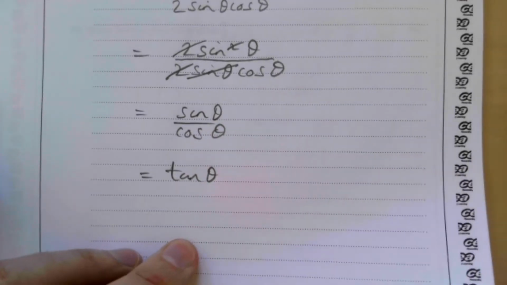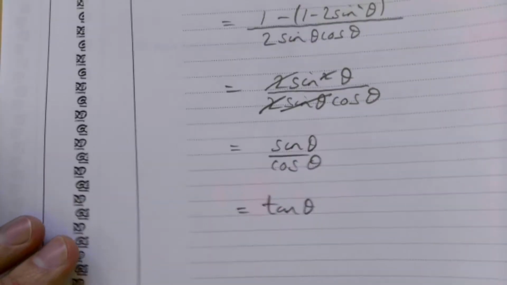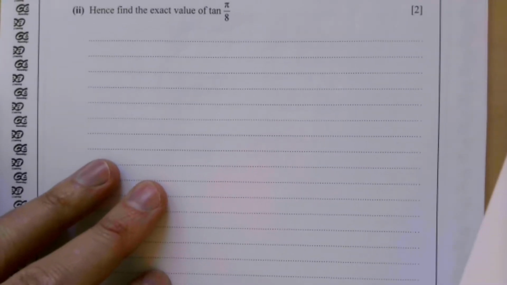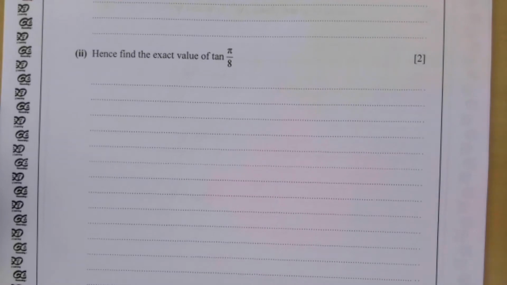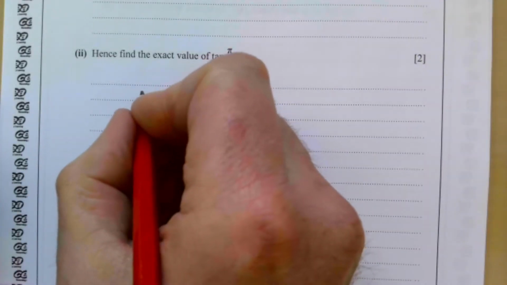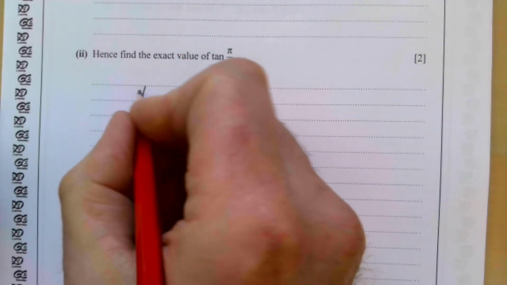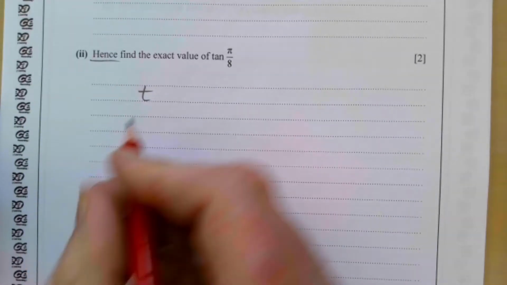And on then to part 2. Hence, find the exact value of tan pi over 8. So, using our previous result, because we have to use the previous result because it's used the word hence.